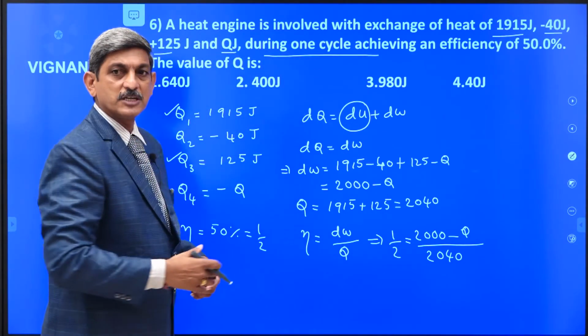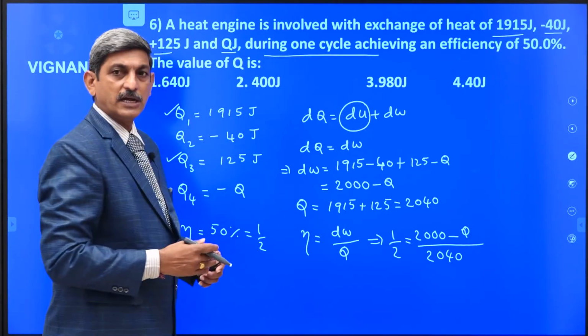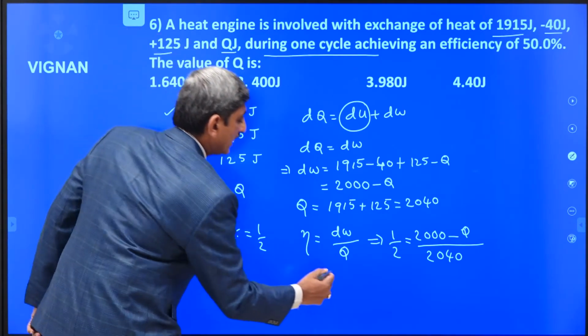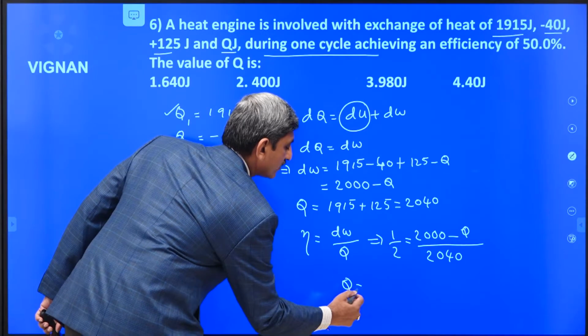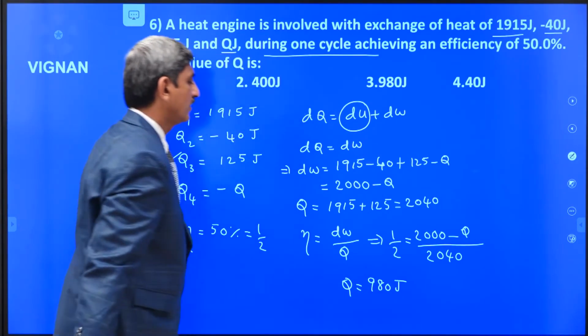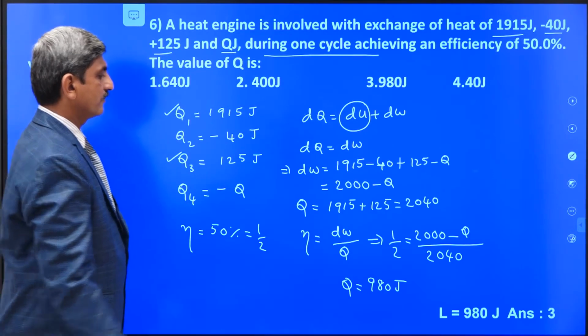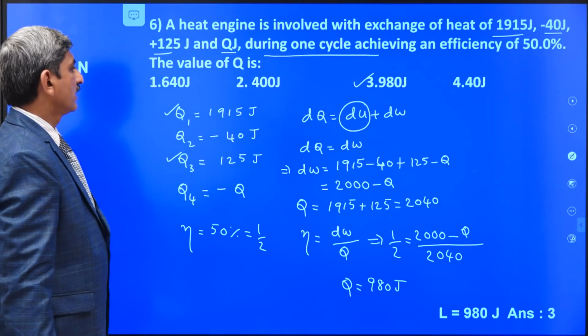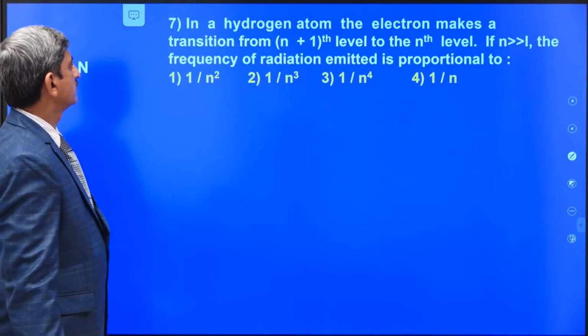Now let us cross multiply the terms and simplify the equation for the unknown Q value. After simplification you will get Q is equal to 980 joules. So your answer is 3. Come to the next problem.